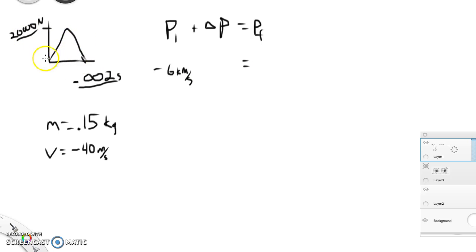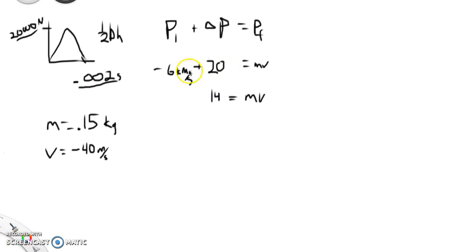It's a triangle, so area would be 1/2 times base times height, and we can use that to find what our final momentum would be for the ball. Okay, so finding the area of the graph, we get 20 Newton seconds, or 20 kilogram meters per second, giving us a final momentum of 14 kilogram meters per second.